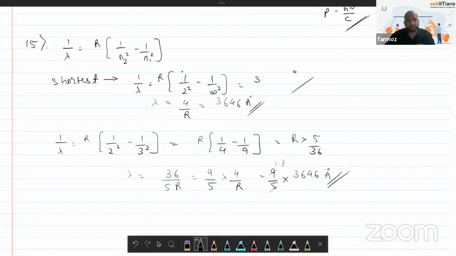So 1.8 into 3646 will be approximately 600 something. On an approximate basis I'm saying. So basically the answer for A should be third. Similarly, I can solve for B, C, and D, and from that you can get the answer. Clear?